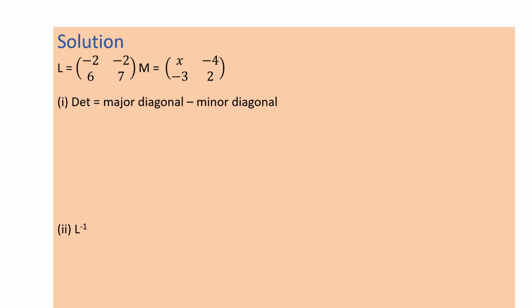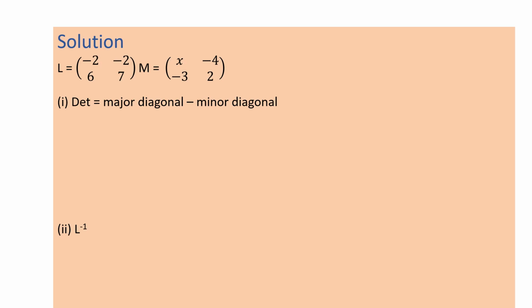In the first question, we are told to find the value of x, given that the determinant of matrix L and M are equal. So what you have to know is that to find the determinant, you have to multiply the major diagonal, then you subtract the product from the minor diagonal.